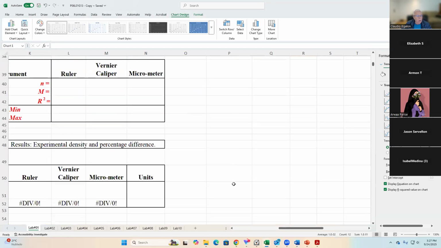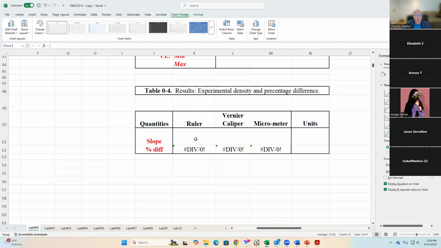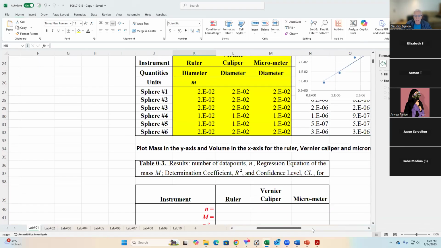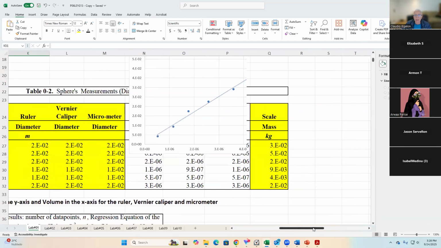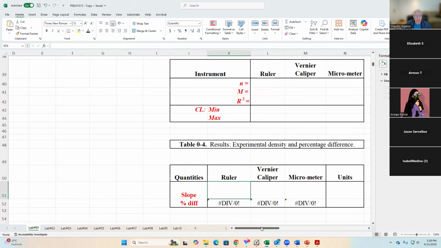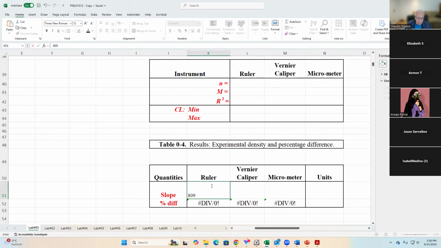The cell is this one right in here at the bottom, the last table. Cell K51. My slope is 8,092.5. That's my slope.